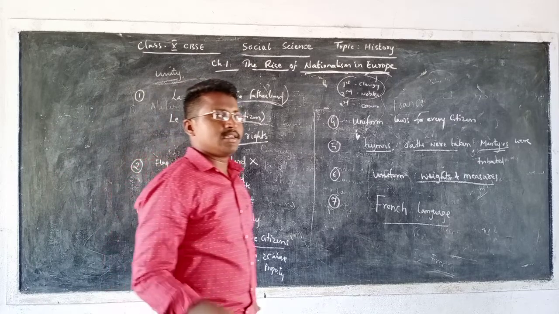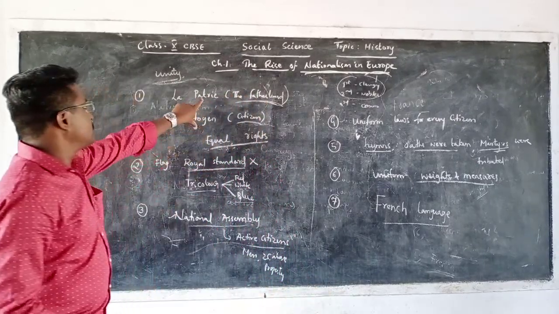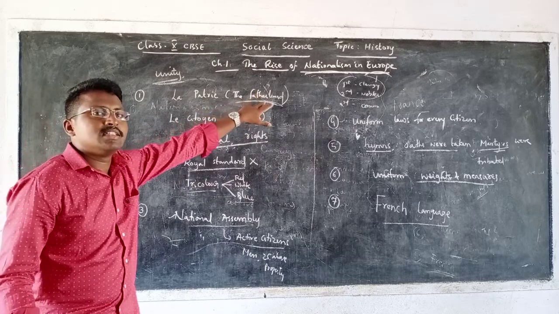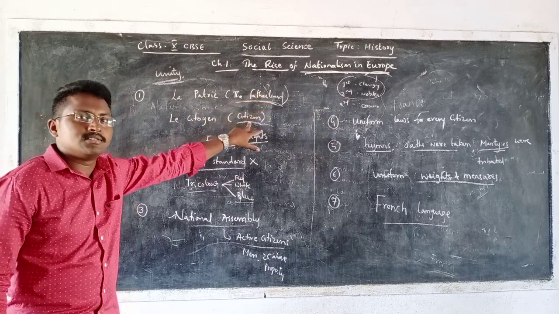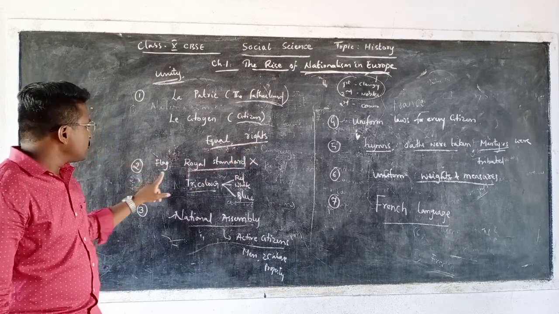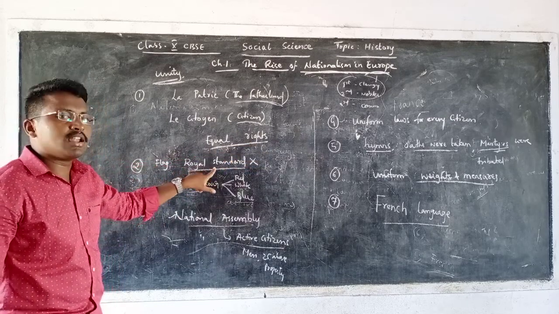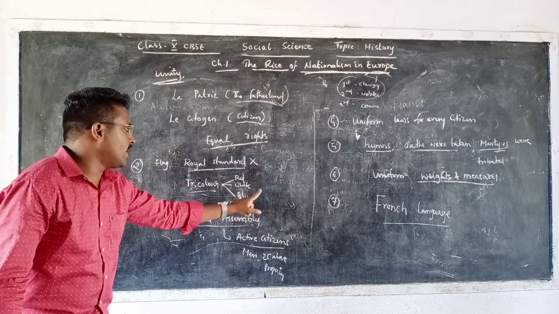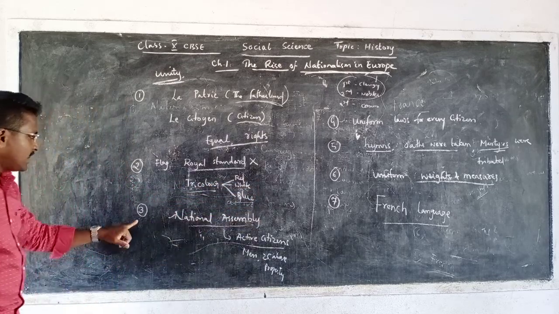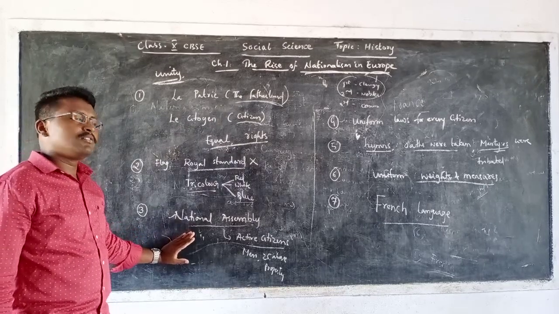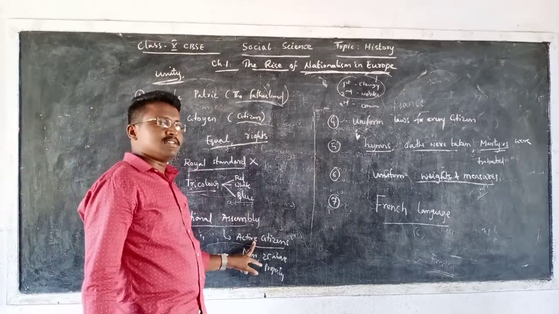Once again, if we come back, we see these two French words, la patrie and le citoyen, which say the fatherland and the citizen, and we all are citizens of this and should enjoy equal rights. Second, they replaced their national royal standard flag with a tricolor flag consisting of red, white, as well as blue. Third, their National Assembly was now elected by active citizens.